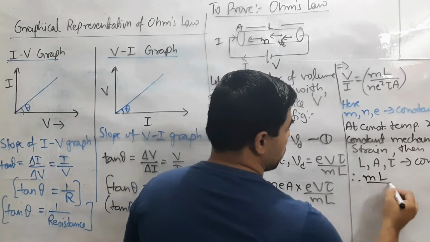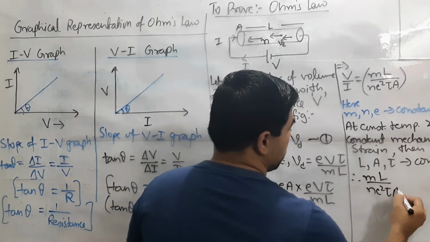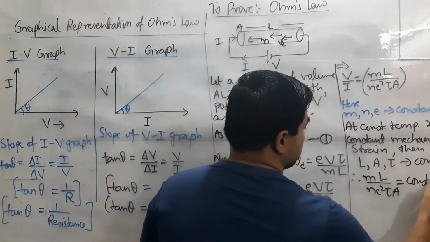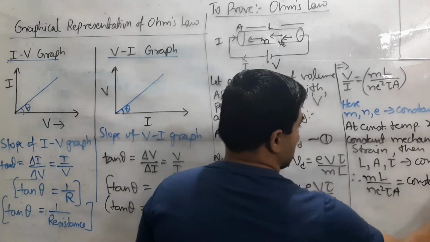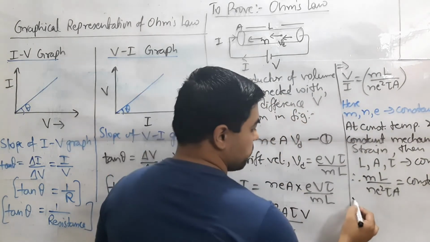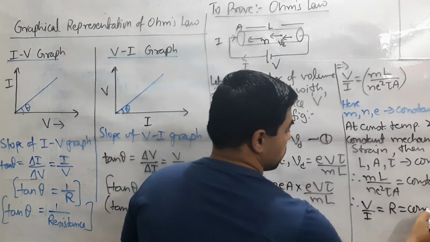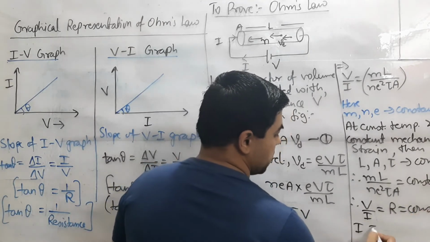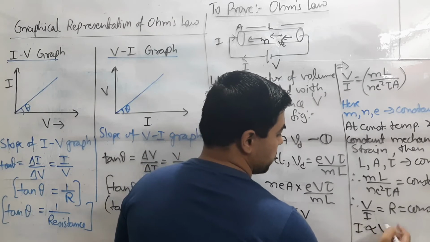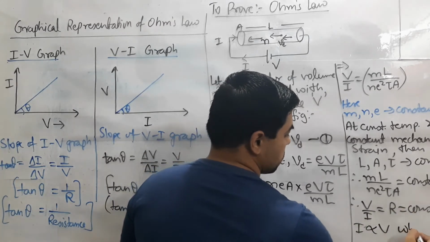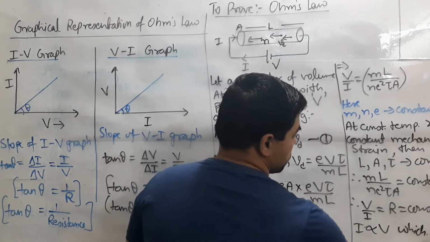So ml upon ne squared tau A will be a constant, and that constant can be written as R, and therefore V upon I is R, which is a constant, and hence I is proportional to V. This is called Ohm's law.